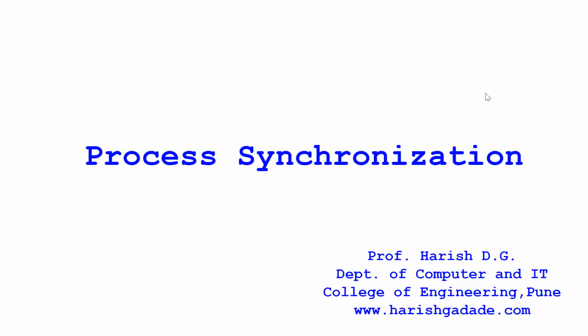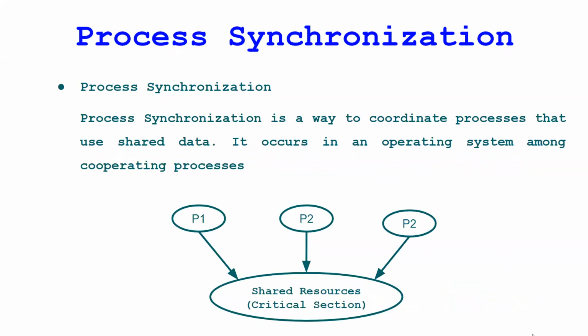Okay, so this is the definition: process synchronization is a way to coordinate processes that use shared data. It occurs in the operating system among the cooperating processes.